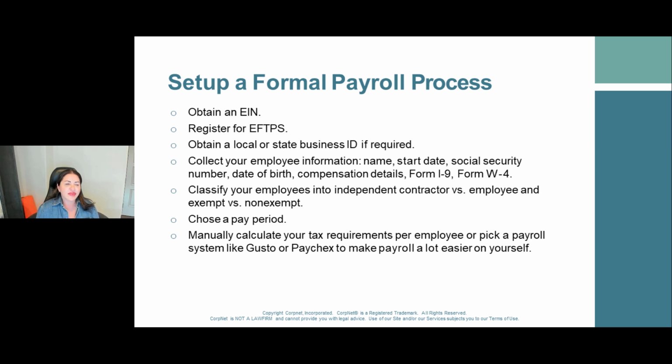So part of a formal payroll process setup is making sure you have that employer tax identification number, registering with the EFTPS, obtaining a local or state business ID if required, collecting your employees' information, typically done with the details they're providing on a Form I-9 and a W-4, classifying your employees into whether they're an independent contractor or an employee, and whether they're exempt or non-exempt employees, and choosing a pay period.